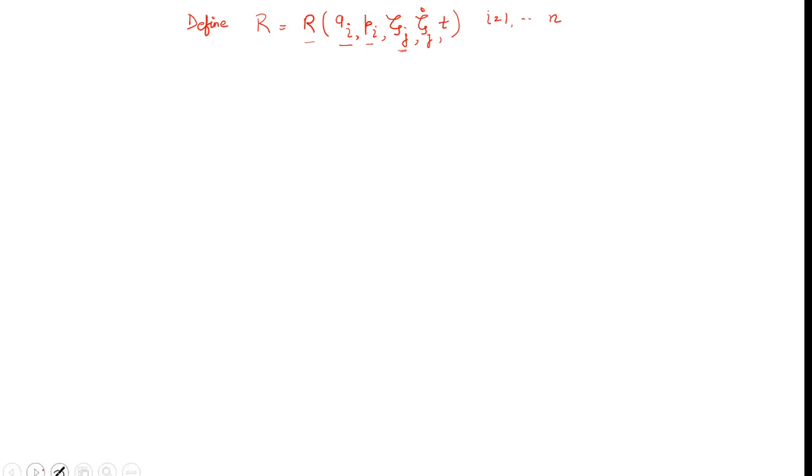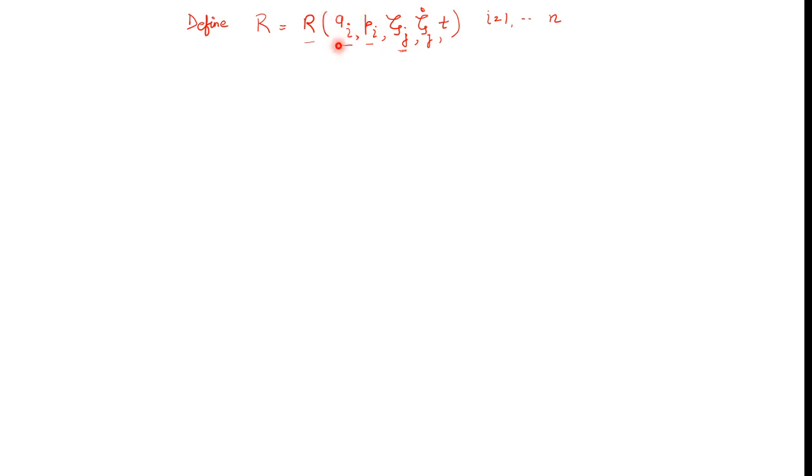You see that R is a function of qi, but these qi will be cyclic. These are the corresponding momentum. These coordinates are non-cyclic, so their corresponding velocities will be present in R. But the velocity components corresponding to qi are absent.